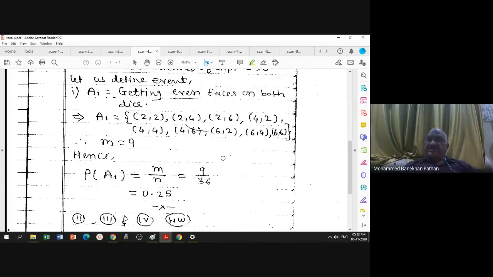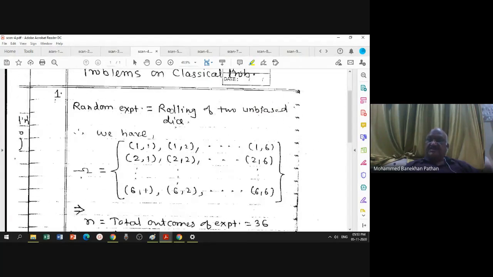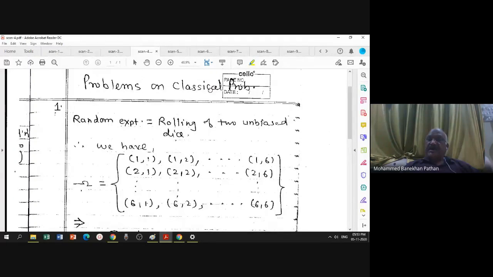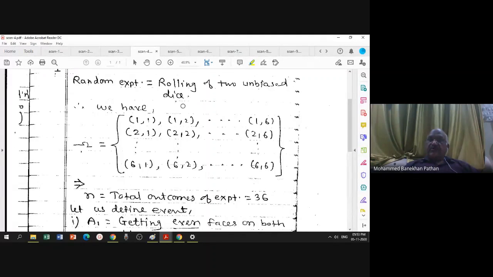Before going to the next example, I will tell you what are the steps to solve a problem by classical probability. Step number 1, you should begin with the random experiment. According to the question, put the random experiment on the top. After that, if you are able to write omega, you write it. Sometimes it is impossible.